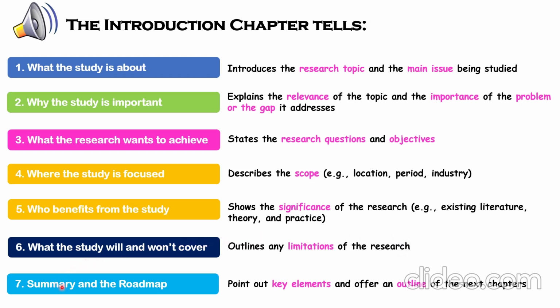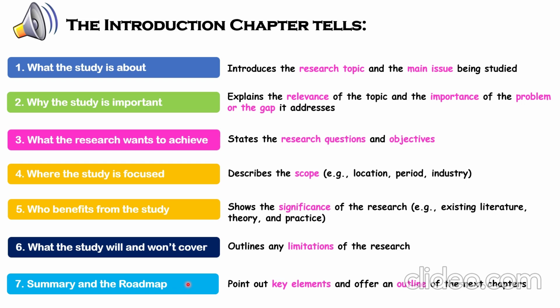And more importantly, your introduction chapter gives the summary and the roadmap. You need to have a summary paragraph telling the key points of this introduction chapter, and you need to clearly outline the roadmap of your research report, indicating what you are going to discuss in the upcoming chapters.